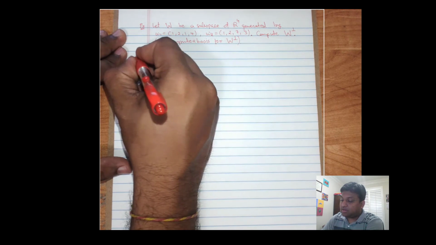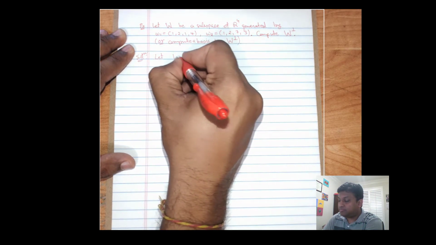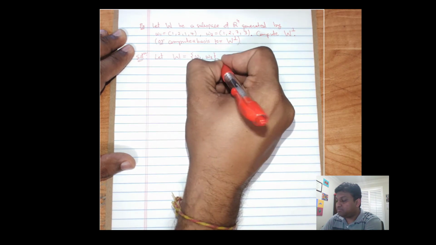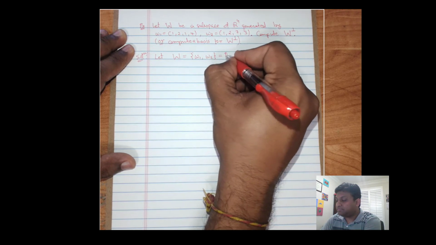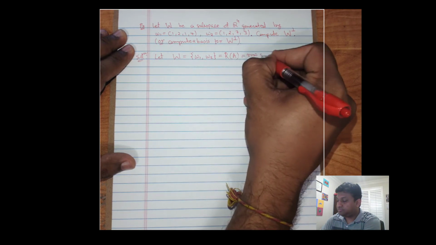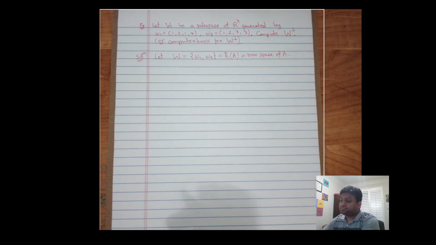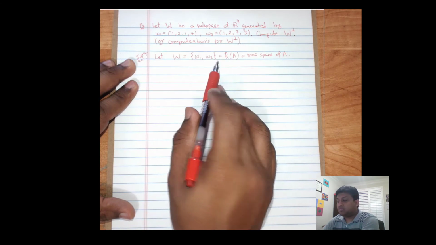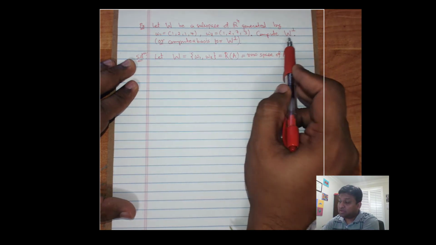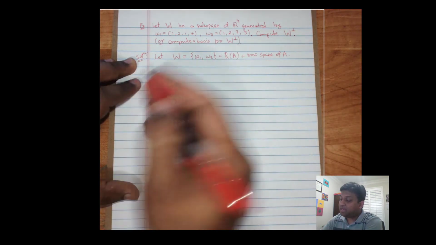So I will assume that W, the set of these two vectors W1 W2, is the row space of A. Suppose these two vectors form a basis for the row space of A. In order to find its orthogonal complement, I have to find the basis for the null space.